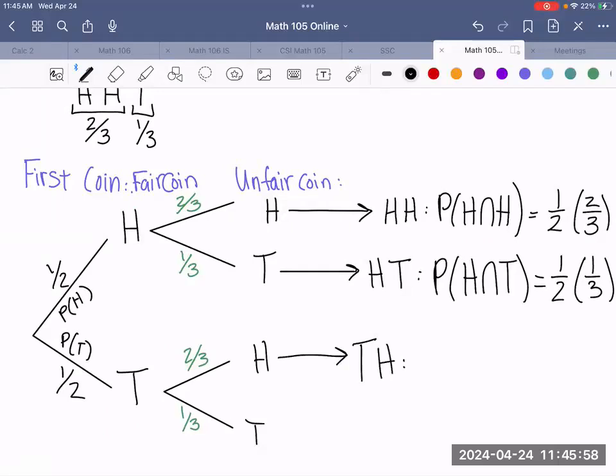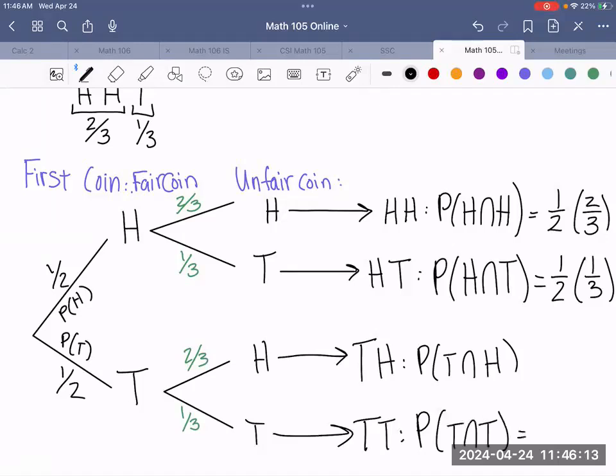You landed tails first, and then the next result ends up in a heads, tails and a heads. And one more time, tails and a tails. And there you have it.